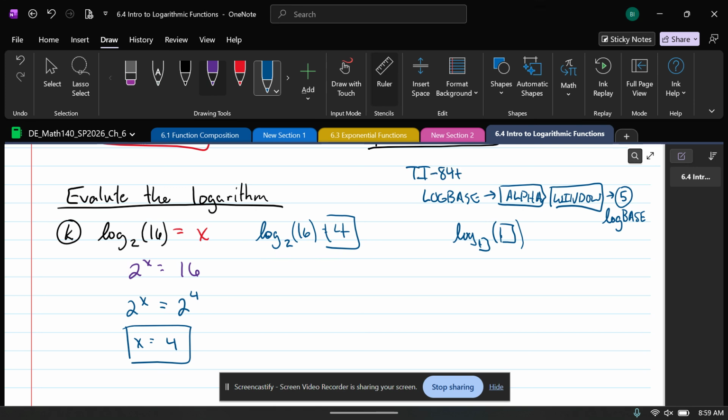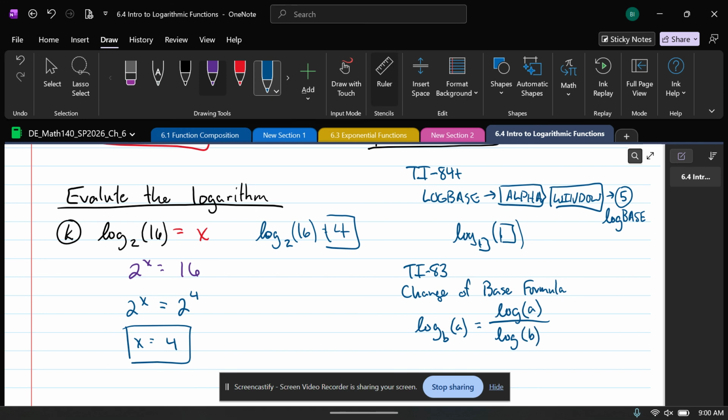Okay, if you got the TI-83, you can still do these. You're going to use what's called the change of base formula. Okay, so log base B of A. You can do that by doing the log of A divided by the log of B.